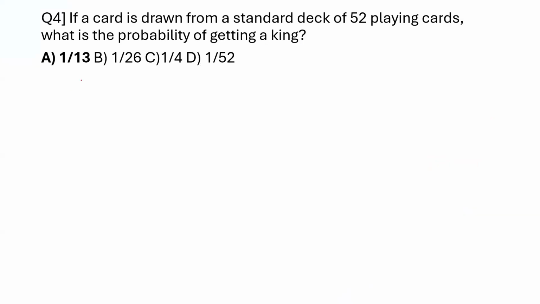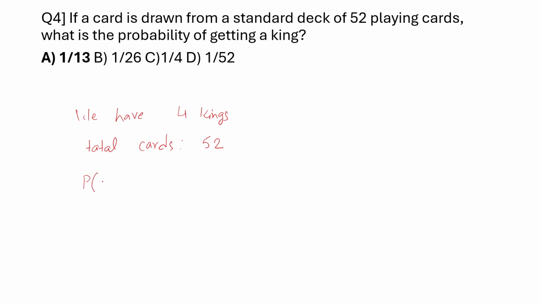If a card is drawn from a standard deck of 52 playing cards, what is the probability of getting a king? How many kings are there? We have 4 kings, right? And total cards are 52.